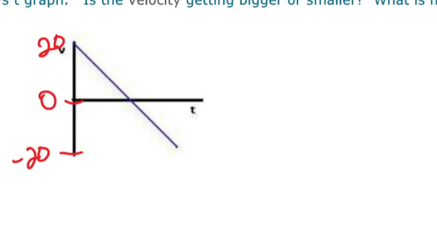What happens here at this point where this line crosses the axis? What's significant about that? We can see that it's starting at 20, starting up here. What happens when it crosses the x-axis there? What's its velocity at this point?